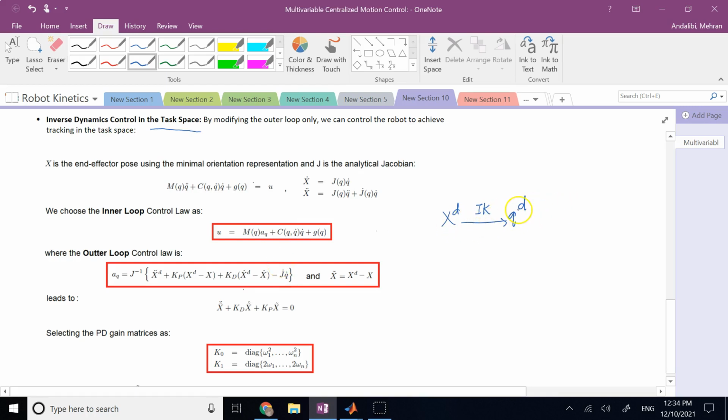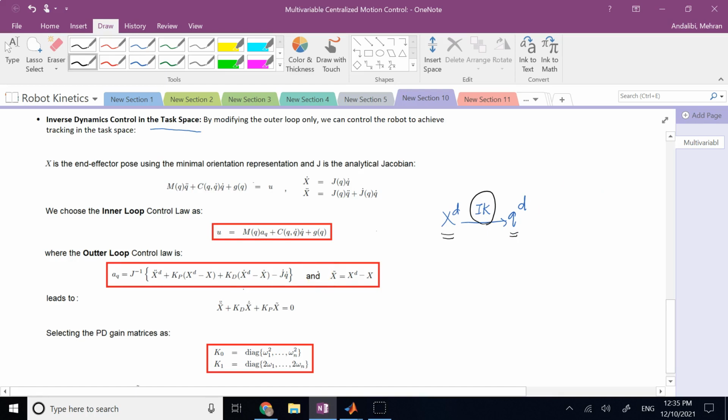If you go with the method I just mentioned, then in real time you have to do what? Inverse kinematics. Unless, as I told you, x desired is given to us way ahead of time, so we can apply the inverse kinematics offline, get our q desired offline, and then in real time all we need is to come up with control signals.